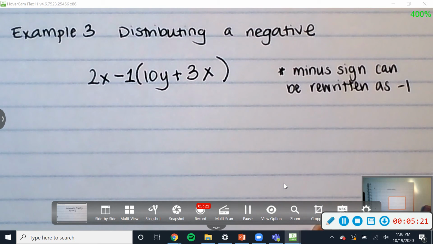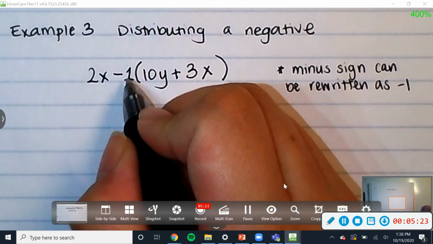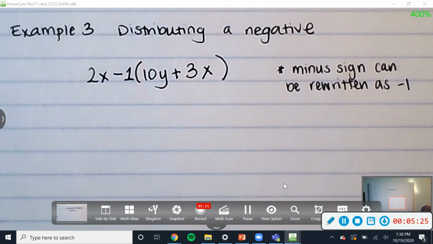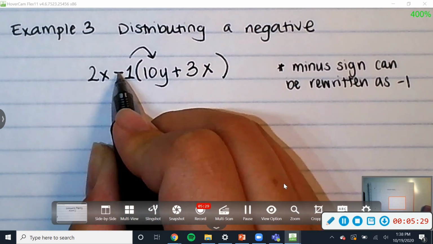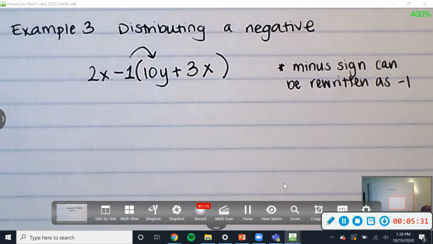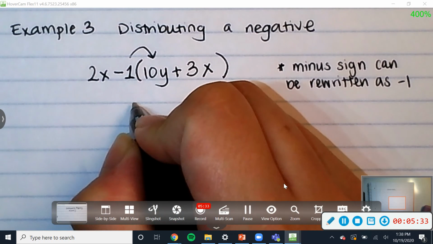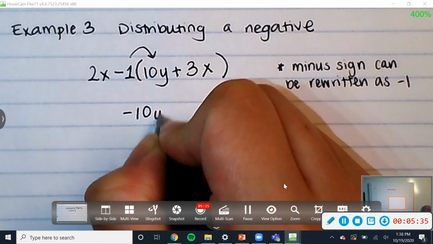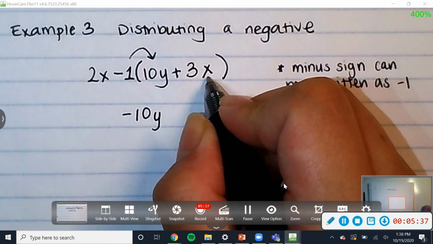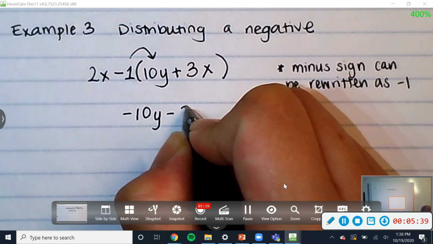Once you do that, it's a lot easier to distribute. So if I put a little 1 here, now I can just distribute this negative 1. So I do the same thing. I multiply negative 1 times each term, so negative 1 times 10y. That would give me negative 10y. And negative 1 times 3x. This would give me negative 3x.